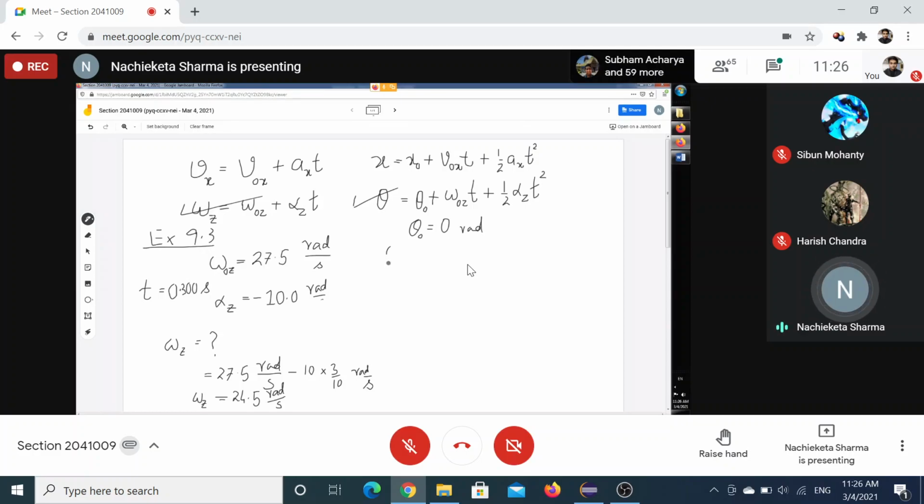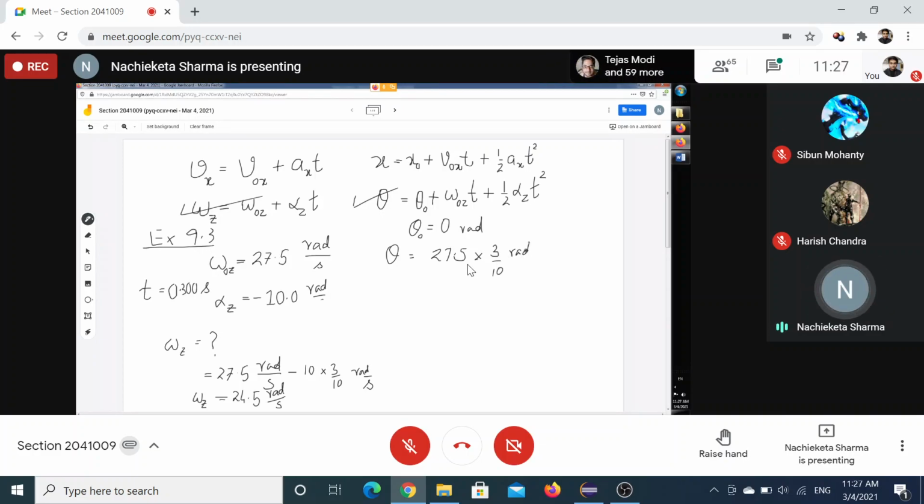So what will be my theta? My theta will be omega naught z into t. Omega naught z is how much? 27.5. So I will write 27.5 radian per second into t, which is 3 by 10 second. So radian per second into second will be radian, so I will be left with radian only.